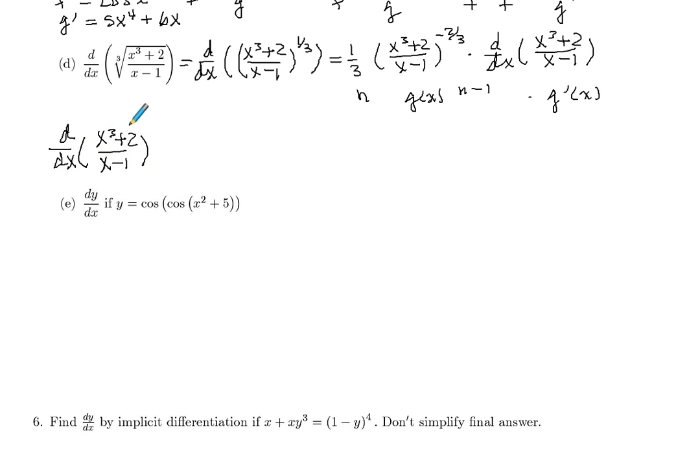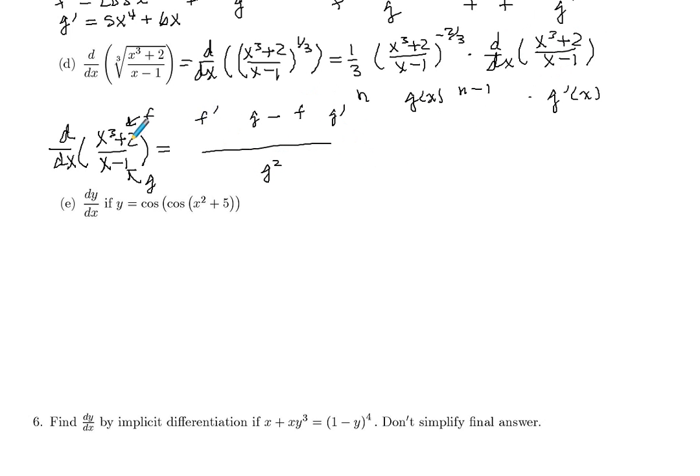So our f is up on top here, and our g is the bottom function, x minus 1. And so we want to do, again, f prime g minus f g prime all over g squared. And then we'll plug that in up here.